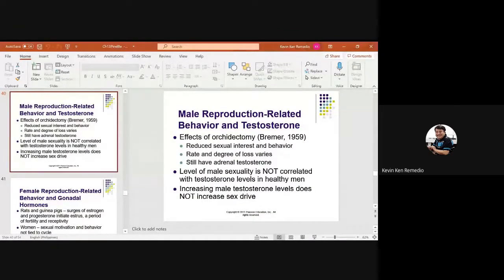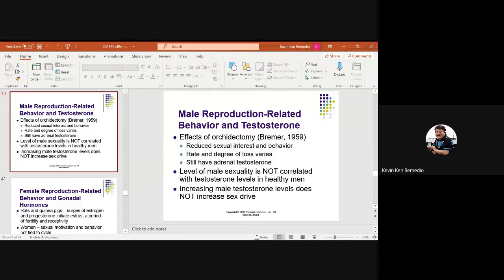So back to 40. So, okay, male reproduction related behavior and testosterone. So in 1959, Bremer, I think his name is Philip Bremer, conducted an orchidectomy.